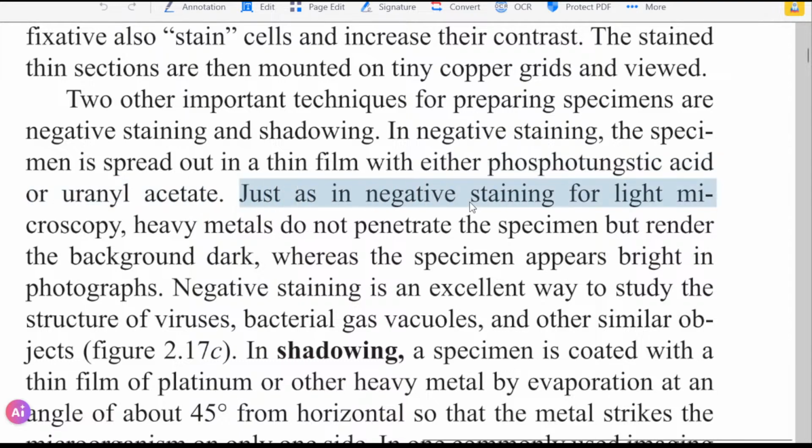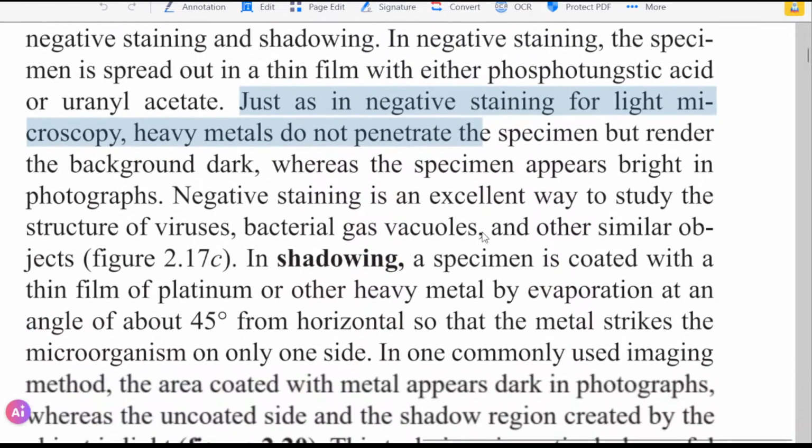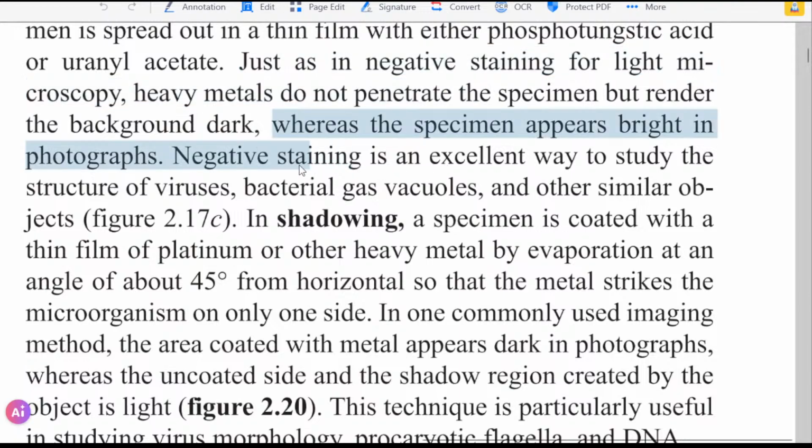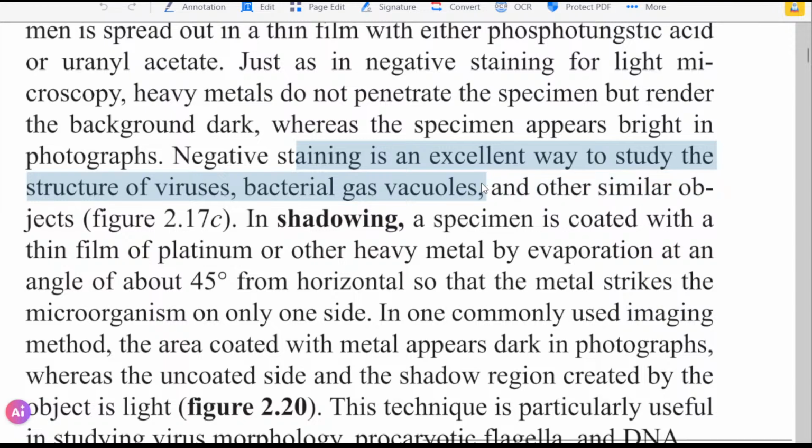Just as in negative staining for the light microscope, heavy metals do not penetrate the specimen but render the background dark, whereas the specimen appears bright in the photograph. Negative staining is an excellent way to study the structure of viruses, bacterial gas vacuoles, and other similar objects.